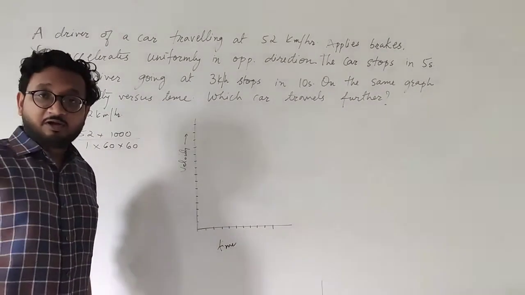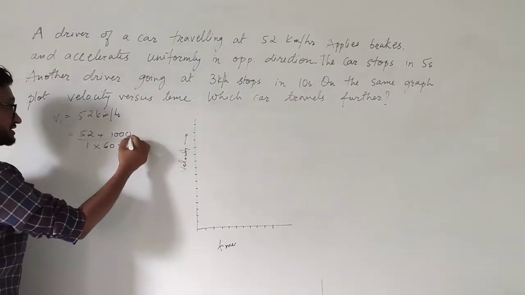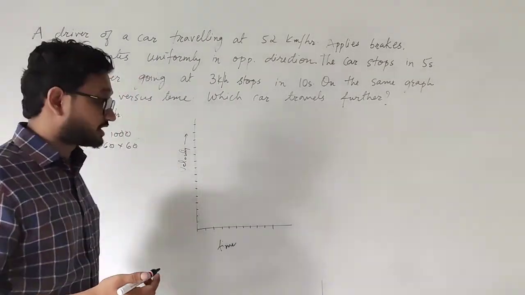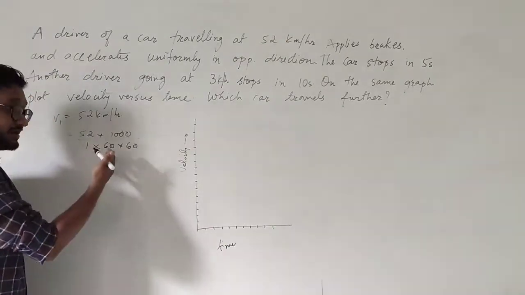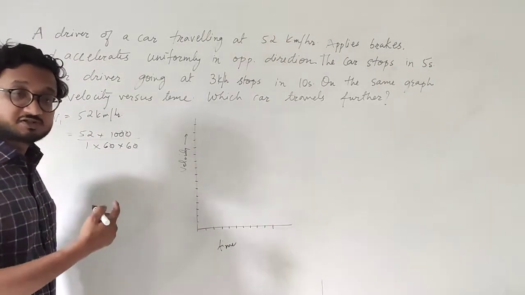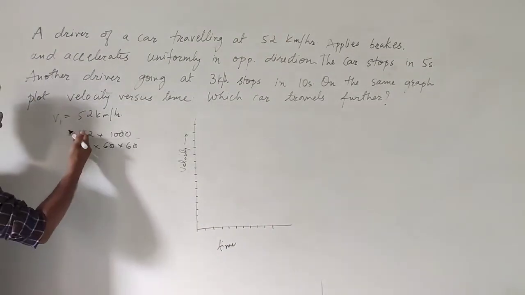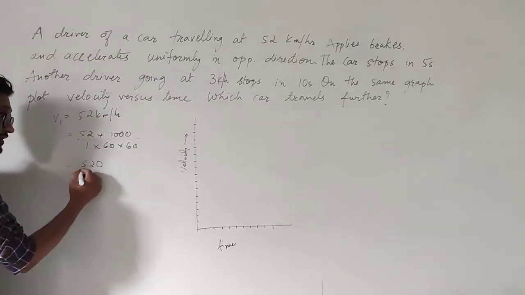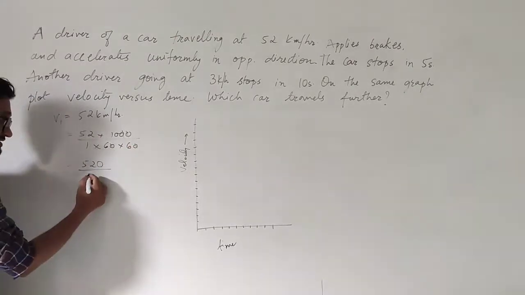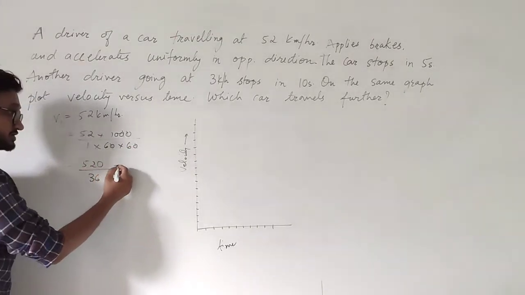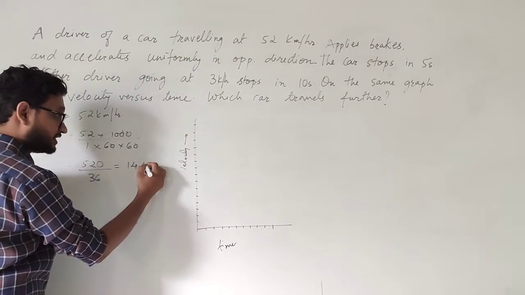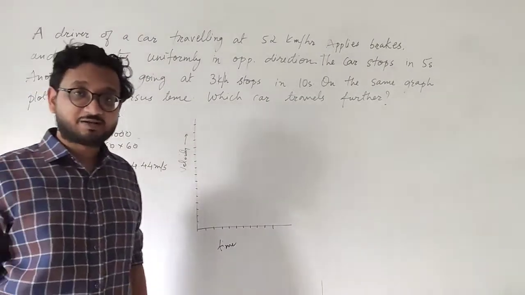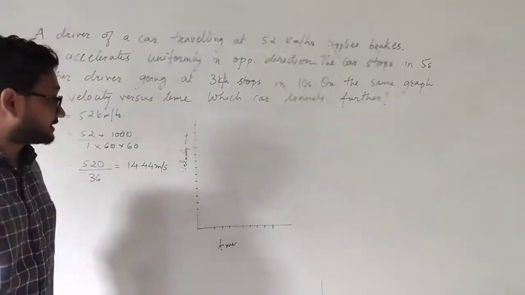Because this is a longer numerical, I will solve it and directly write the answer for you, but you will need to solve this part. So it is 520 upon 36, and once you solve this, you get 14.4 meters per second.